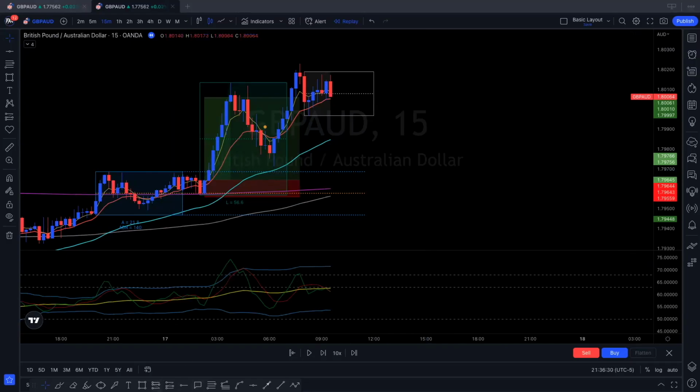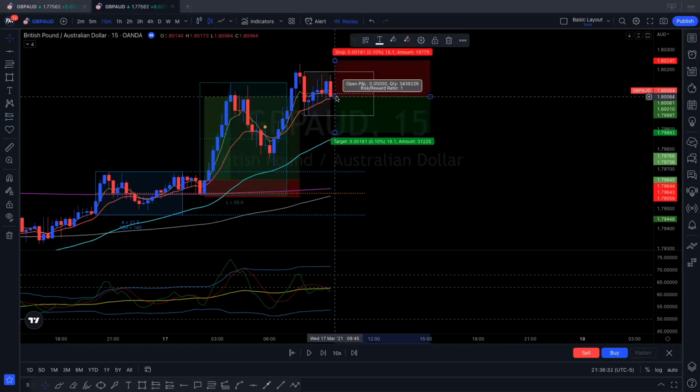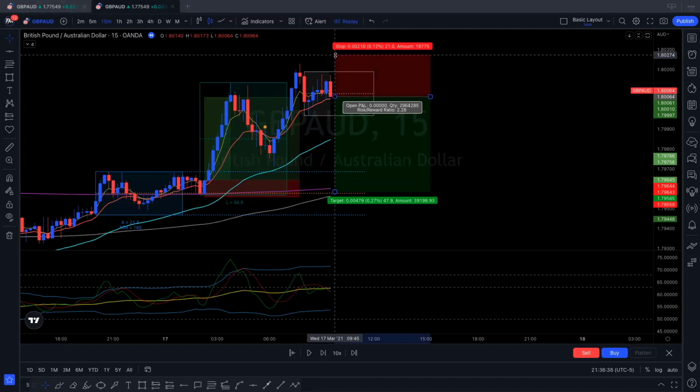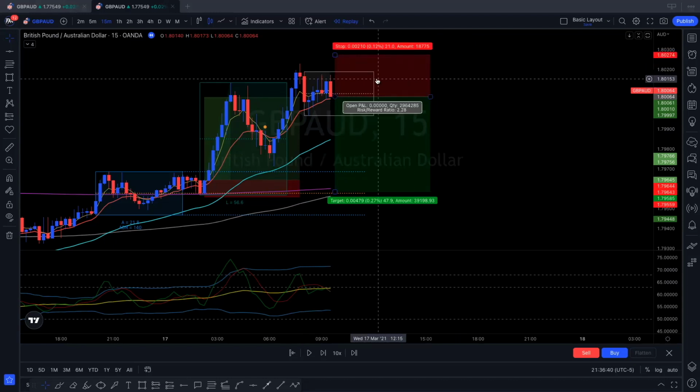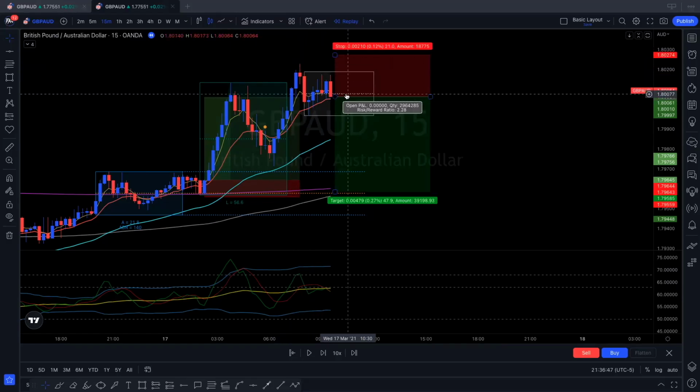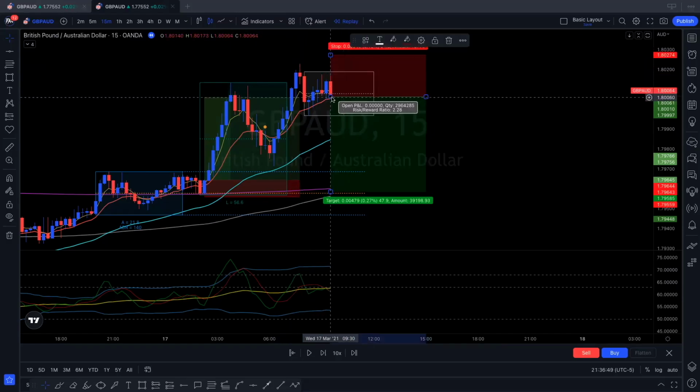So the question is, though, does the entry make sense? Can you get a 2 to 1 here? Even if you go up to the highs, all the way up here above the wick, even doing that on a railroad track without a pullback, you can get over 2 to 1 by doing that.